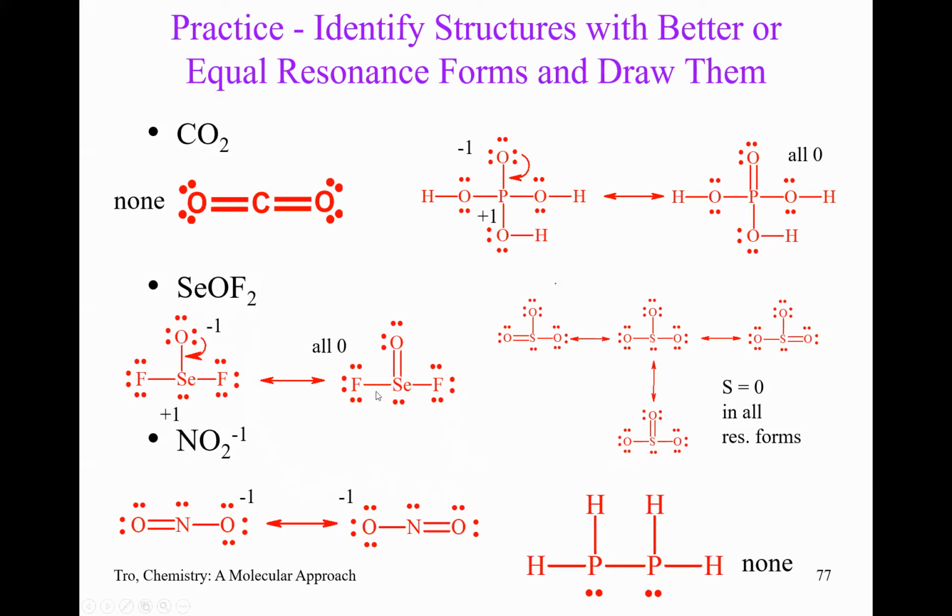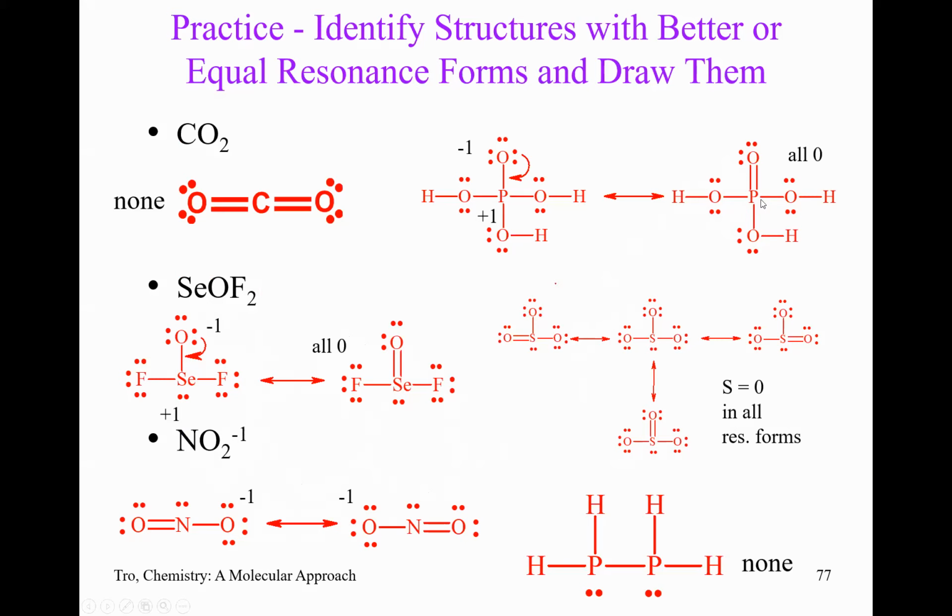And which one of these is better? It's obviously the one with no charge on it, right? So the one on the right. For the NO2, the nitrite, they're identical, right? It's symmetric.